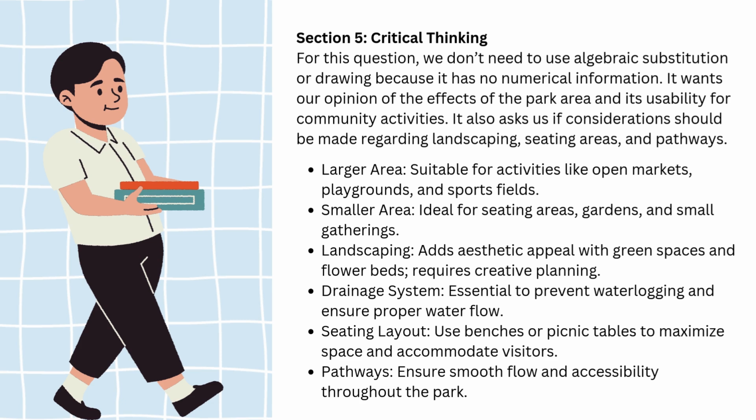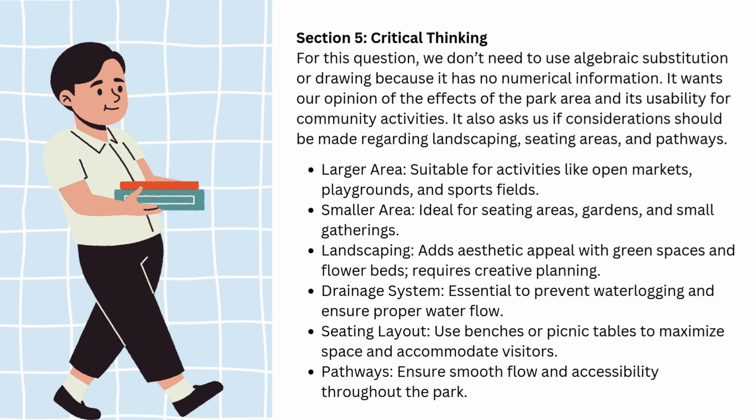First of all, a larger area in the park allows space for activities like open markets, playgrounds, and sport fields, providing flexibility for various community events. On the other hand, a smaller area is perfect for seating, gardens, or intimate gatherings, creating a cozy space for relationships.